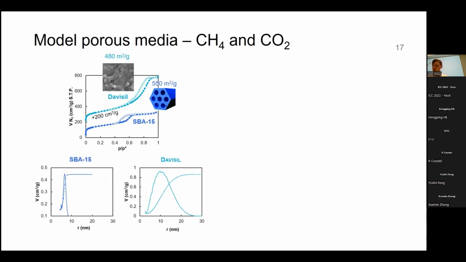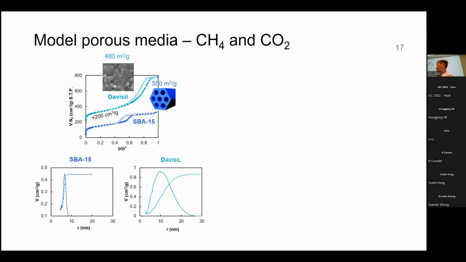So we took two silicas, so Davisil and SBA-15, which were characterized by nitrogen adsorption, and using some modeling, we could get the distribution of pore size. So SBA-15 has very narrow pores, and Davisil has larger pores, which are more distributed.